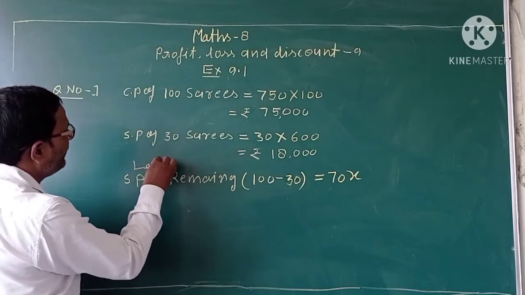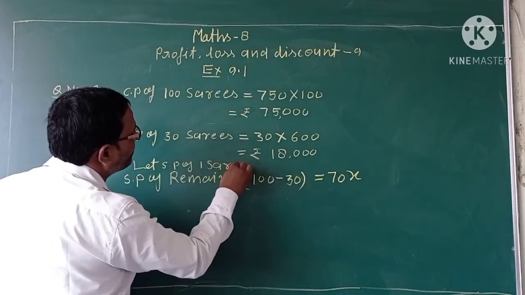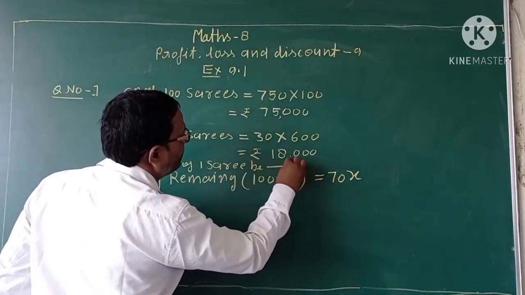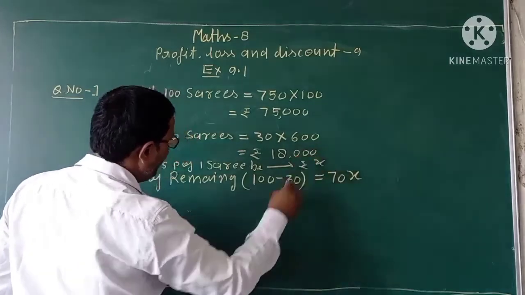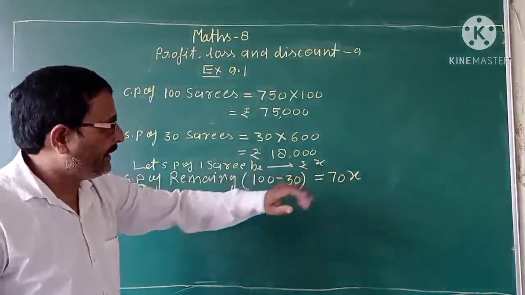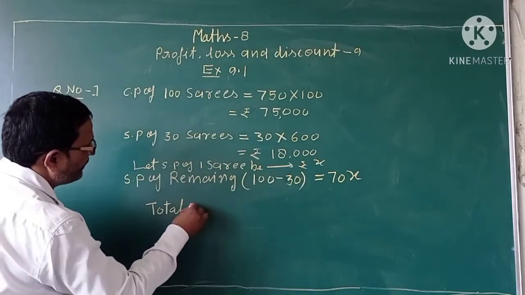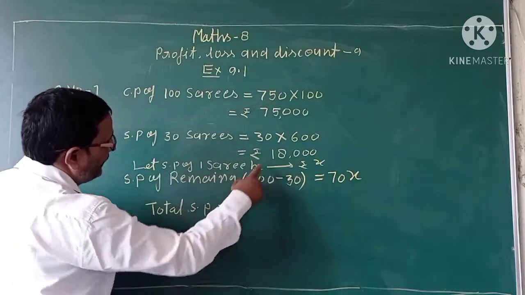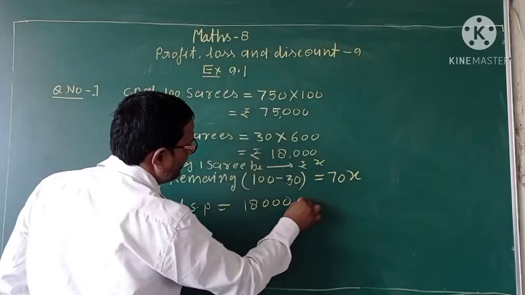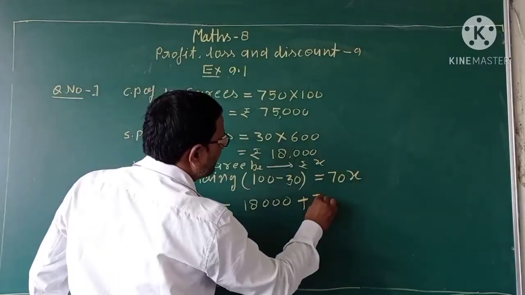Let SP of one saree be rupees X. Then SP of the remaining sarees is 70X. Total SP is 18,000, that is SP for 30 sarees, plus SP of remaining sarees 70X.